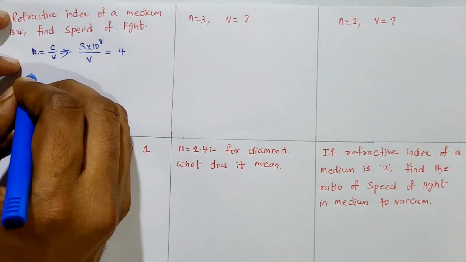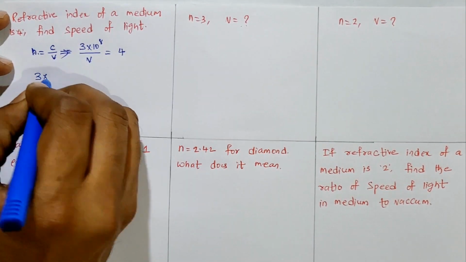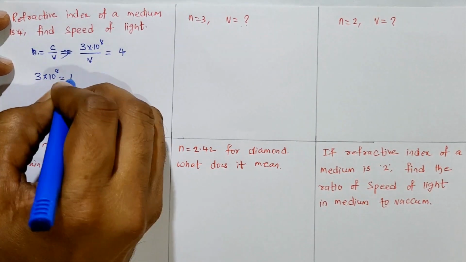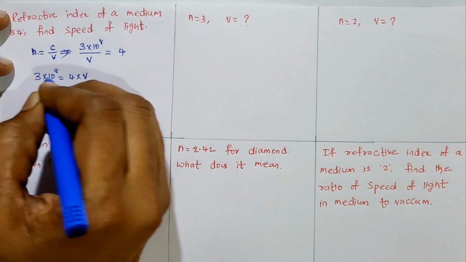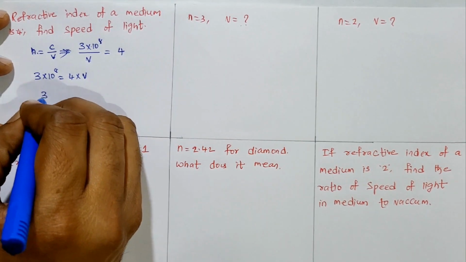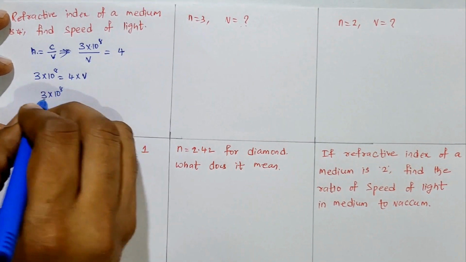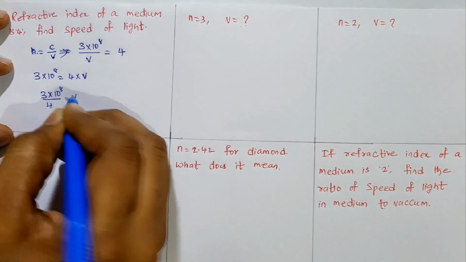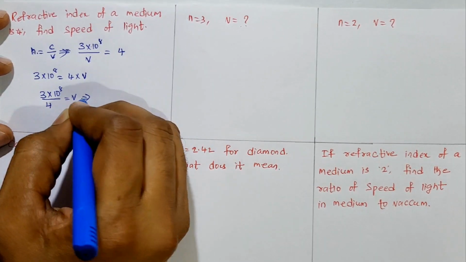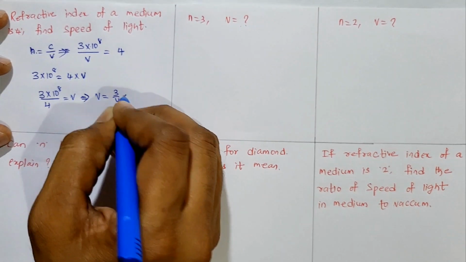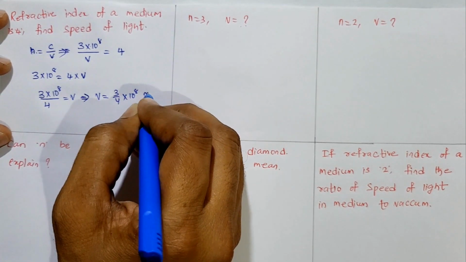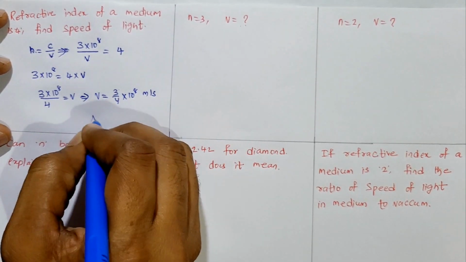I will write step by step. 3 into 10 power 8 is equal to 4 into v. We have to find v, so send this 4 to the other side. It becomes 3 into 10 power 8 divided by 4 is equal to v. So v is equal to 3 by 4 into 10 power 8 meters per second. 3 by 4 is how much?